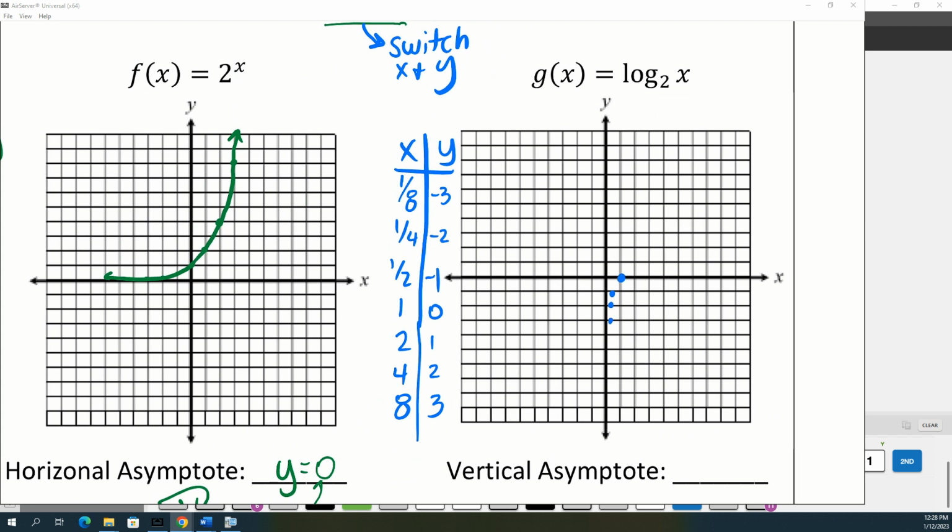All right, and then we have some normal points. Right, and then that is the graph of a logarithmic graph.